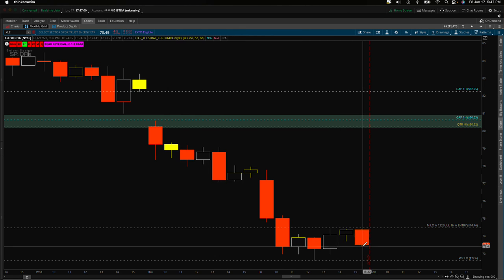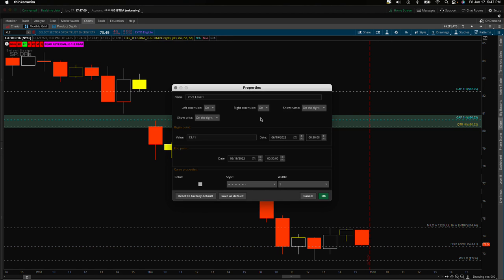If price breaks below this level here, this could be an entry to the downside. So this would be a 2-2 bear continuation. The 1 hour, and we'll say entry.